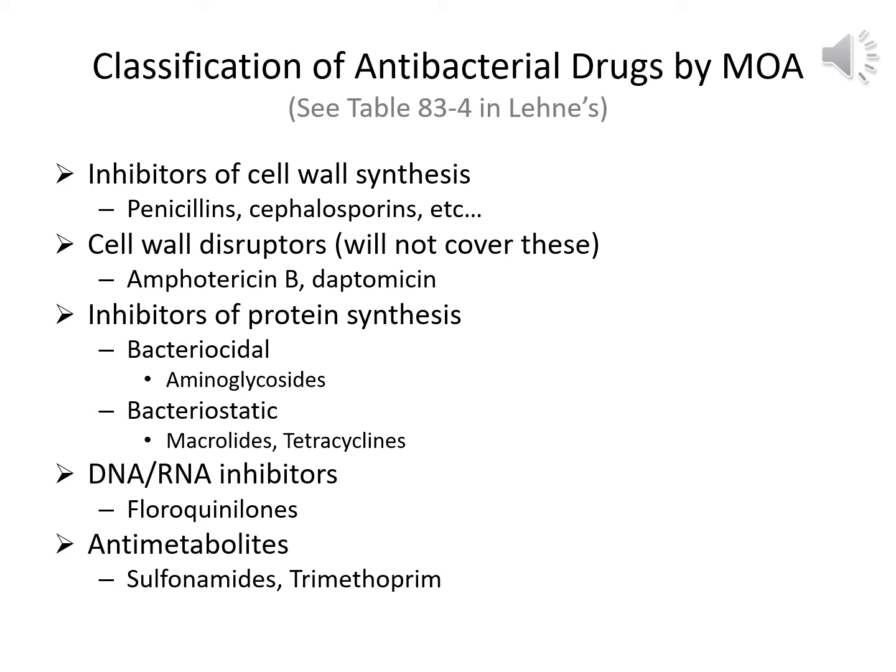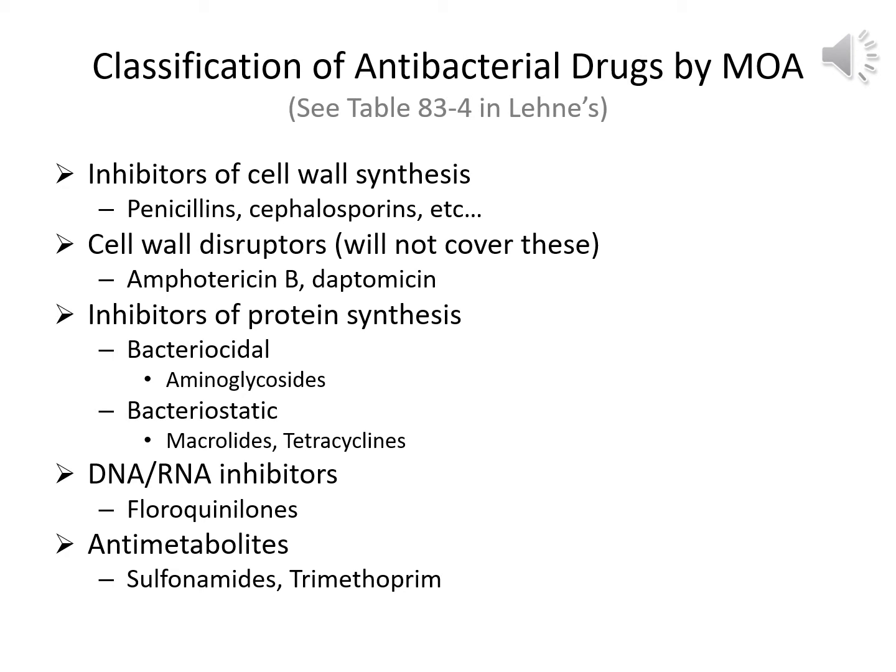With inhibition of protein synthesis, some of them can be bactericidal, or they could be bacteriostatic. So we'll look at the aminoglycosides and how they actually kill bacteria, versus our bacteriostatic inhibitors of protein synthesis like the macrolides and the tetracycline classes of antibiotics. We'll look at that as we move forward.